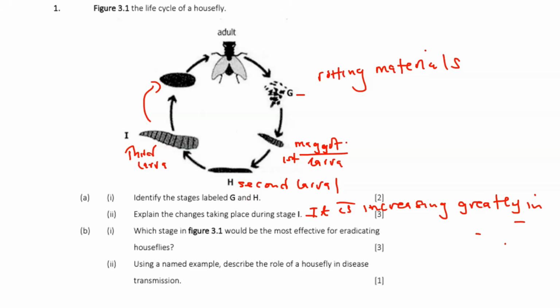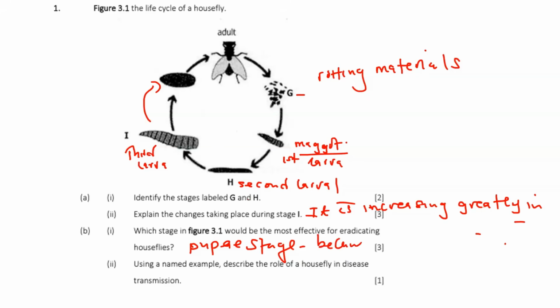In this case, we can go for the pupa stage. Why am I saying the pupa stage? Because it is inactive and does not move, so it is easy to eliminate by spraying with insecticide.